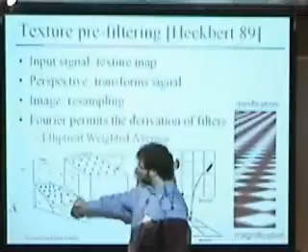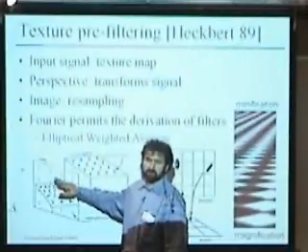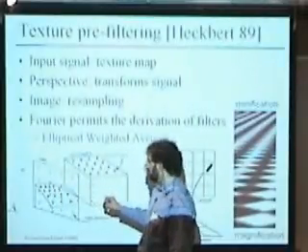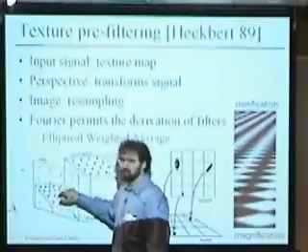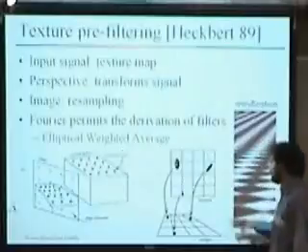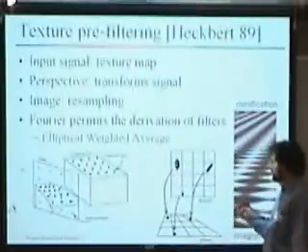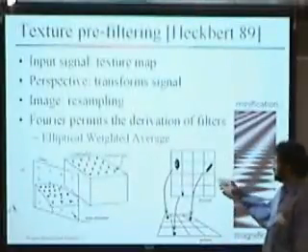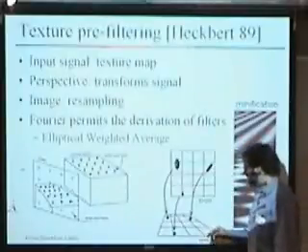And because you've got this warping, it's not uniformly sampled anymore, and you might need to do some reconstruction or some pre-filtering to band-limit your signal. And that's how he derived those elliptical weighted average filters that end up being like elliptical Gaussians.